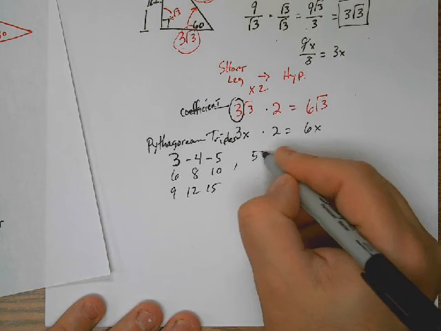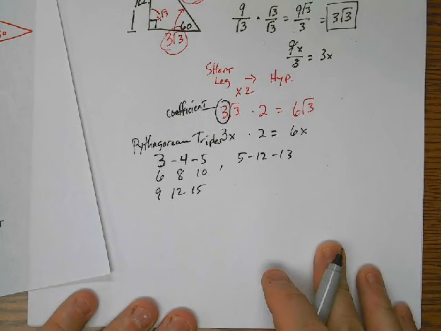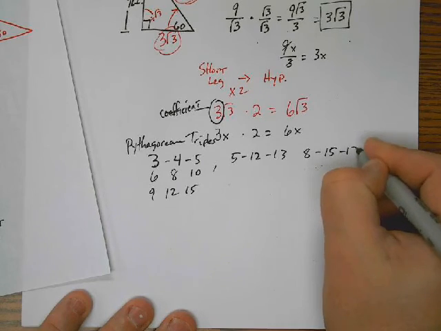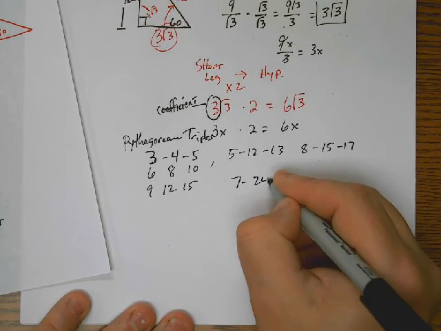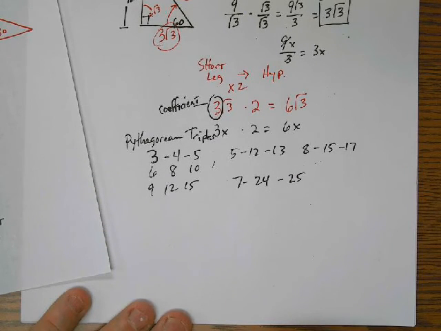Here's another one. 5, 12, 13. Those are Pythagorean triples. 8, 15, 17. 7, 24, 25. Those are Pythagorean triples. Okay? And so the book refers to Pythagorean triples. Just know what they are, and you can use them on those questions.